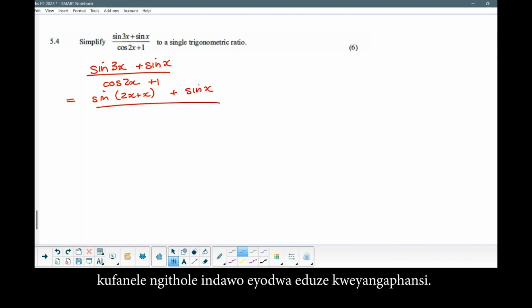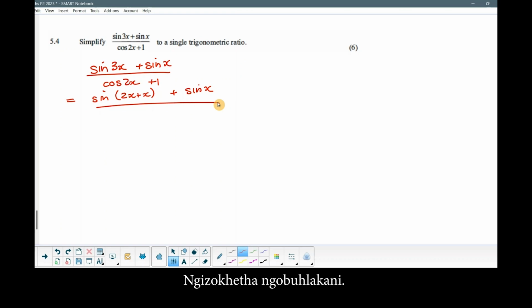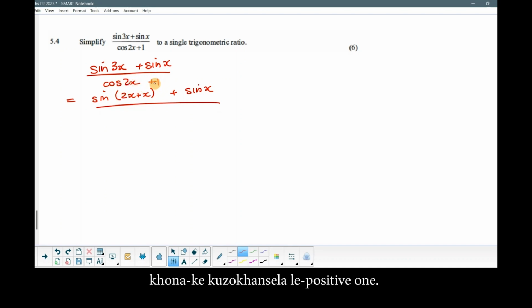Right, in the denominator, I have cos of 2x. Cos of 2x has 3 different expansions. So I'm going to choose cleverly. I know that if I choose the expansion that has a minus 1, then it will cancel this positive 1 out. So I'm going to choose 2 cos squared x minus 1 plus 1, and those two will cancel each other out.